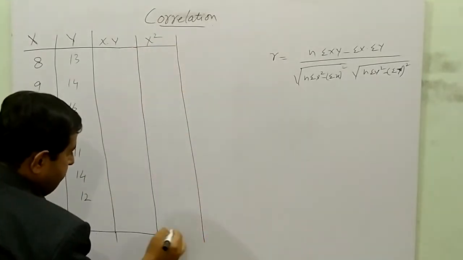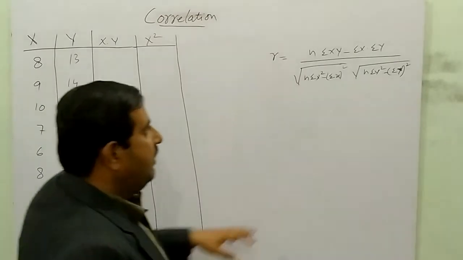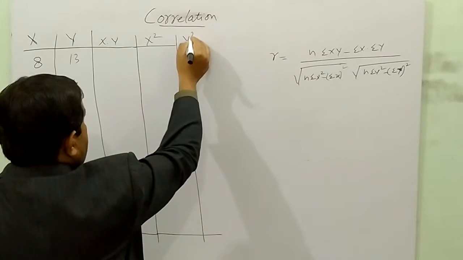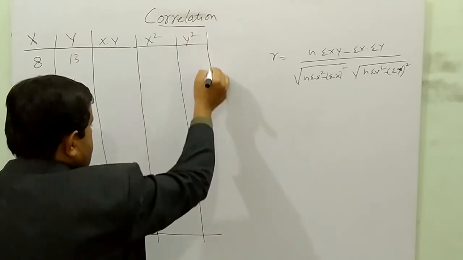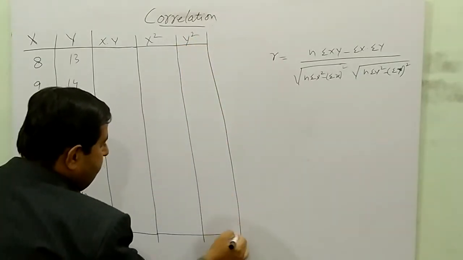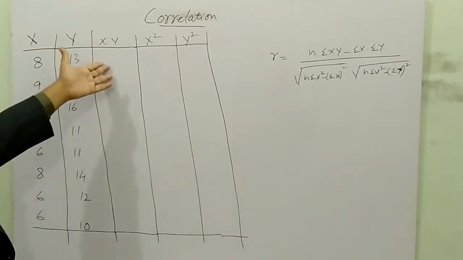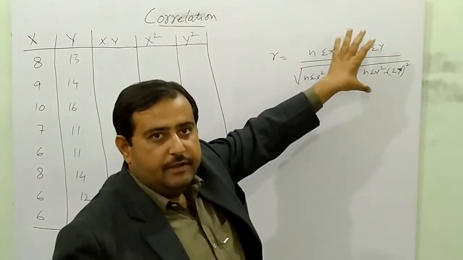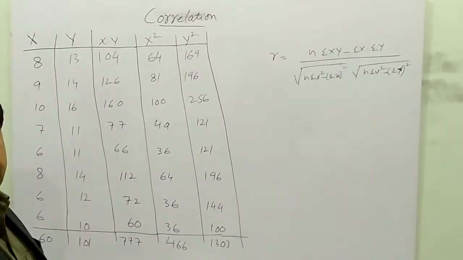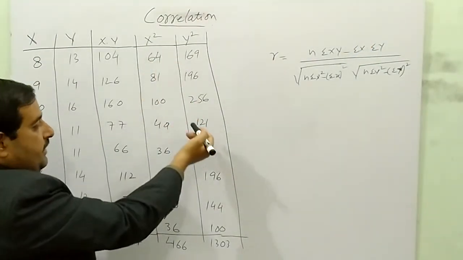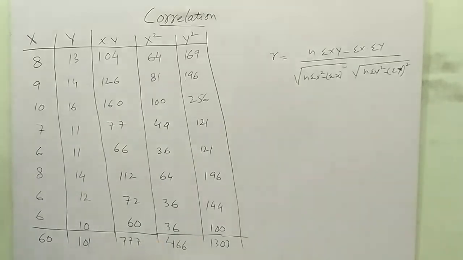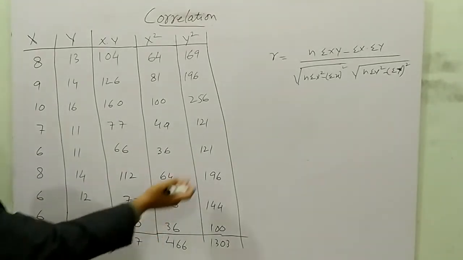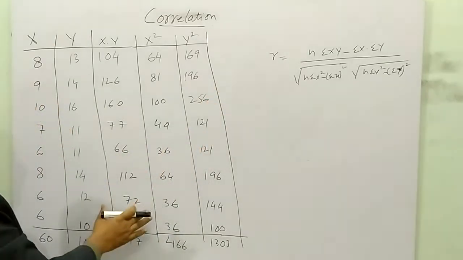Then the last required column, that is y square. First we find all these columns of x, xy, x square and y square. Then put these values in the formula. After the calculation of these values, we take the sum of all values, because these are required in the formula. So these are the values.